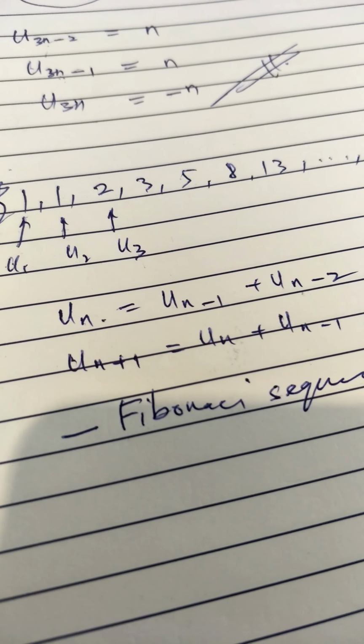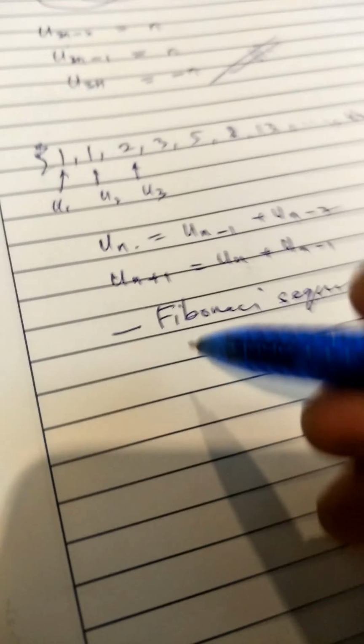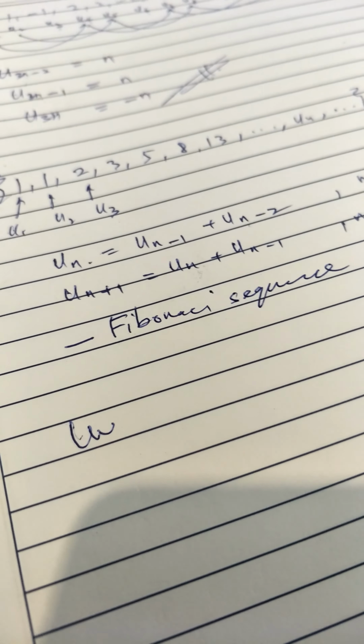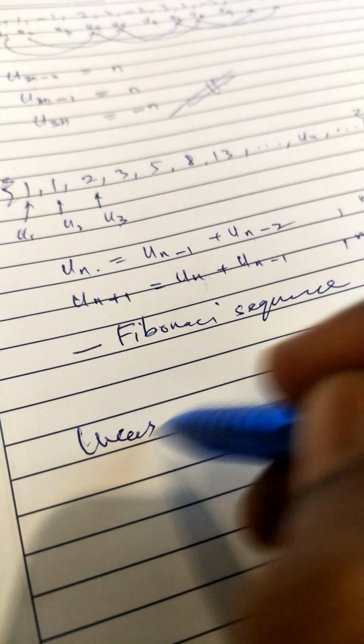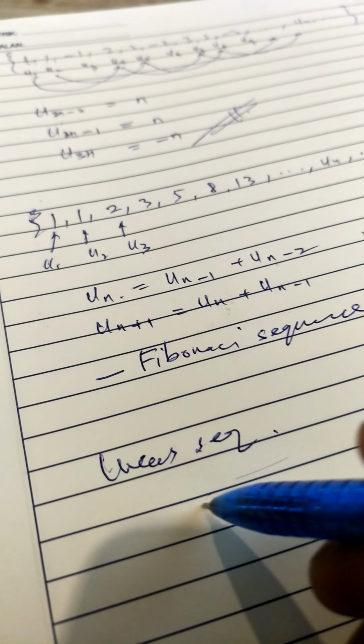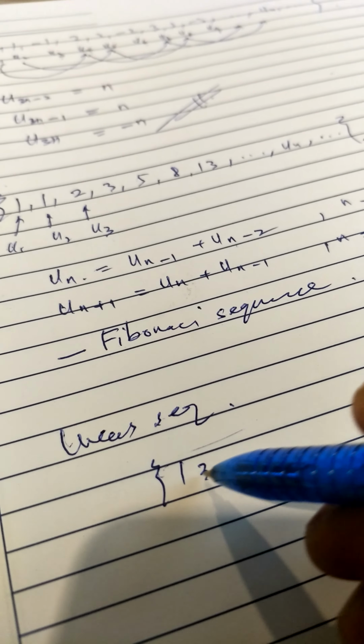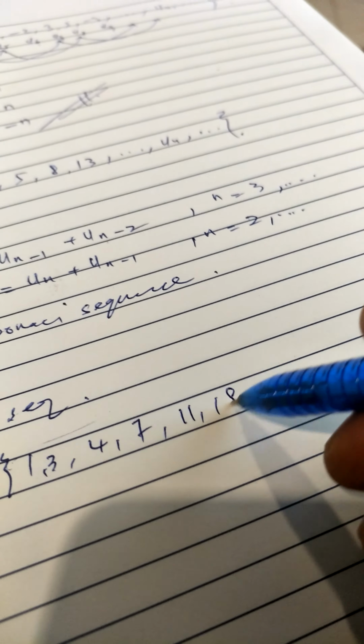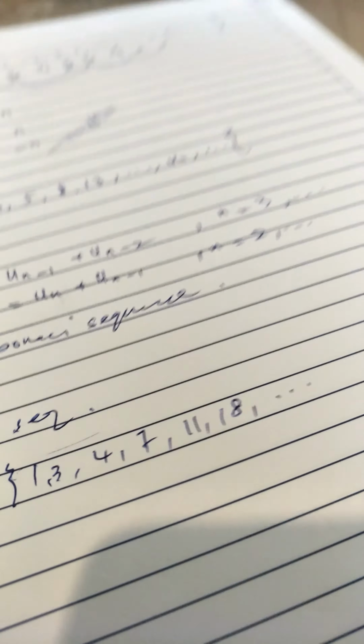We also have Lucas sequence. How to spell Lucas? L-u-c-a-s. Lucas sequence, given as 1, 3, 4, 7, 11, 18, and so on.